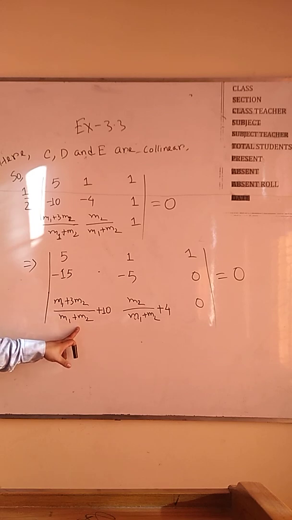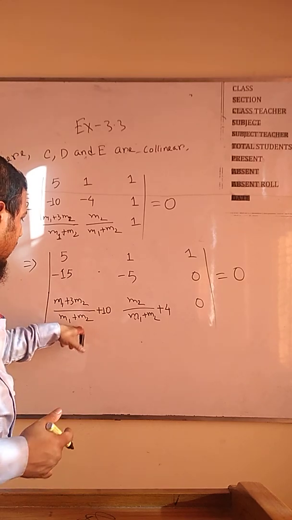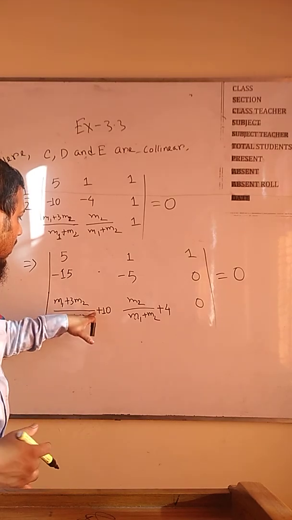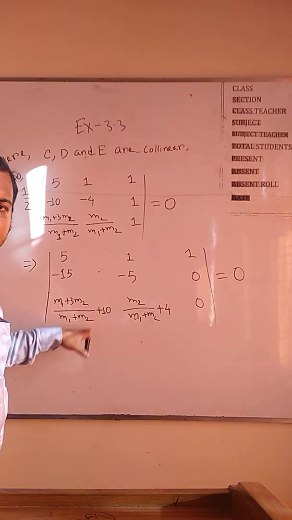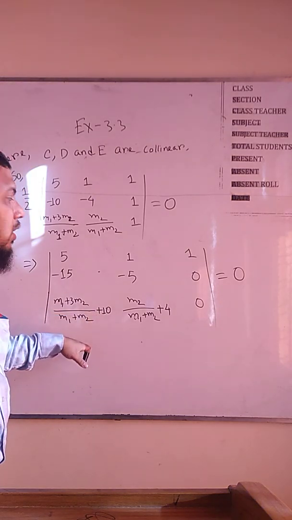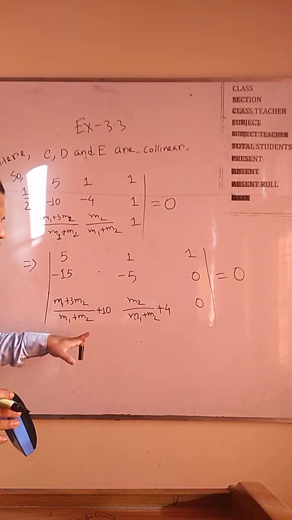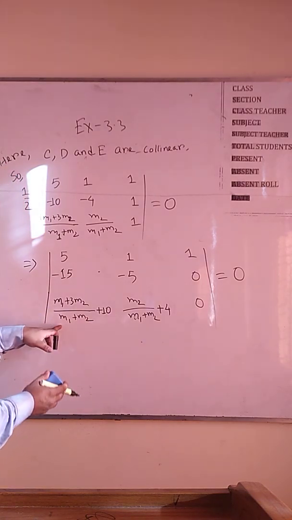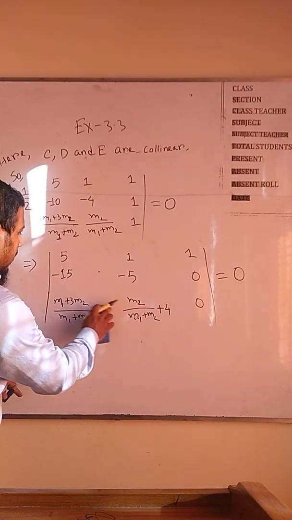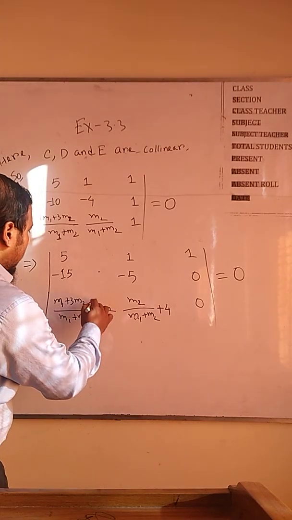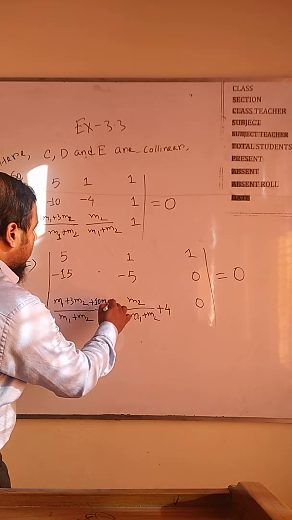Now I am doing the calculation here. Please follow carefully. If we take the LCM, in the next line you have to write m1 plus m2, and it will be plus 10m1 plus 10m2.